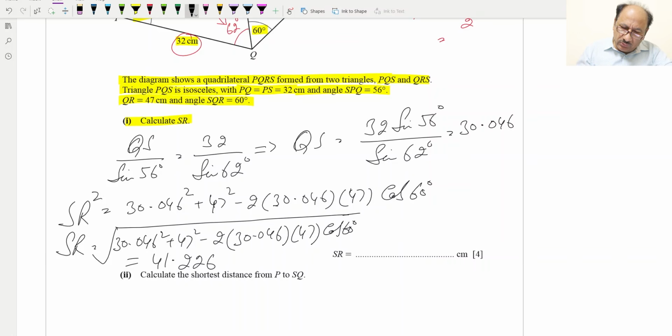We can round to 2 decimal places, so 41.23. This will be our final answer for 4 marks, 41.23.